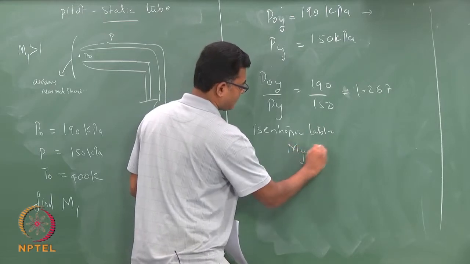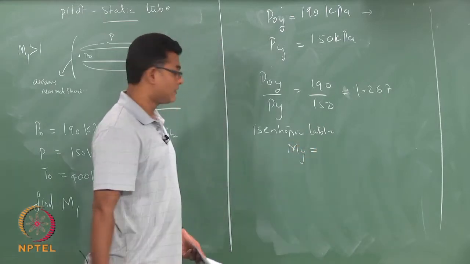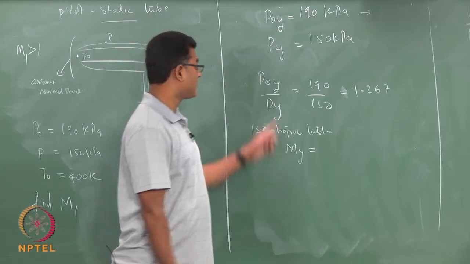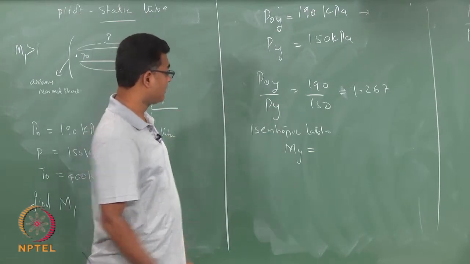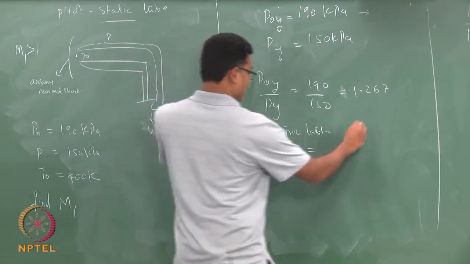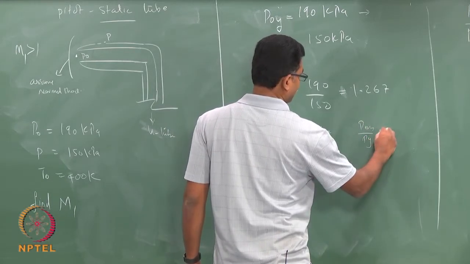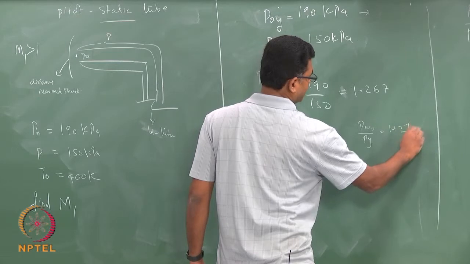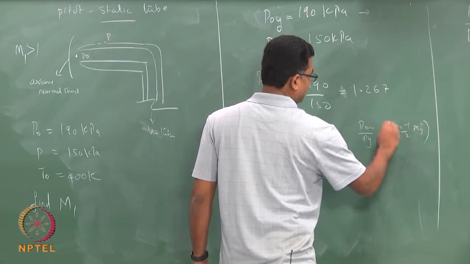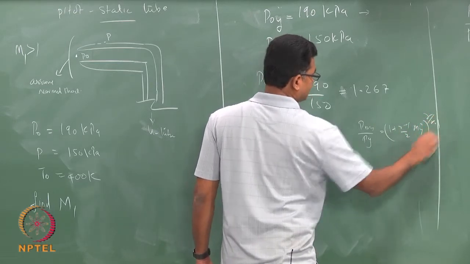So you look at the isentropic tables and find your My. For this particular ratio, P0y by Py is 1 plus gamma minus 1 by 2 My square to the power gamma by gamma minus 1.